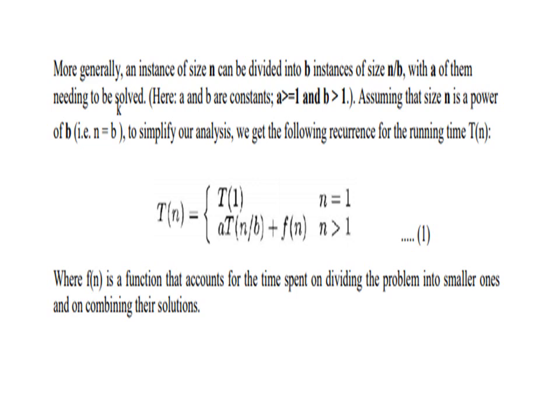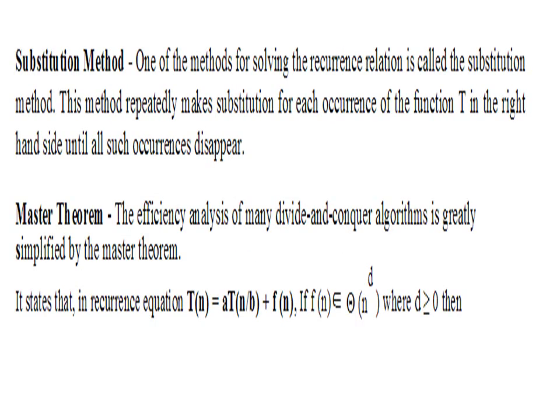So here the value of b is 4 and a is equal to 2. In the next slide we will see the two methods or approaches by which we can solve the recurrence relation. That is our main topic in today's section.